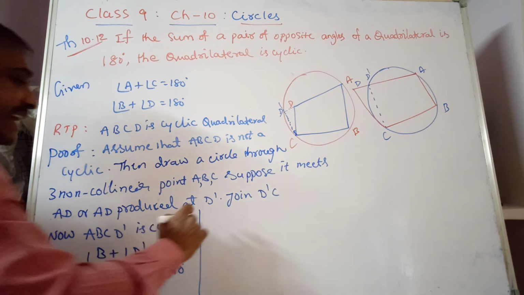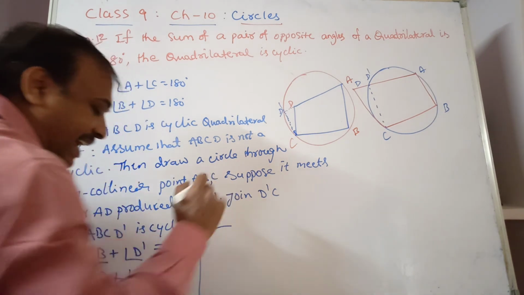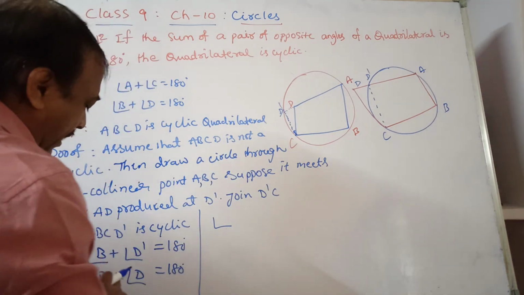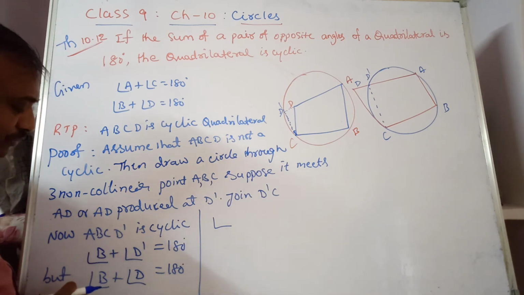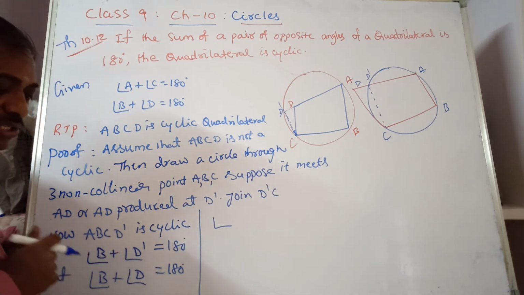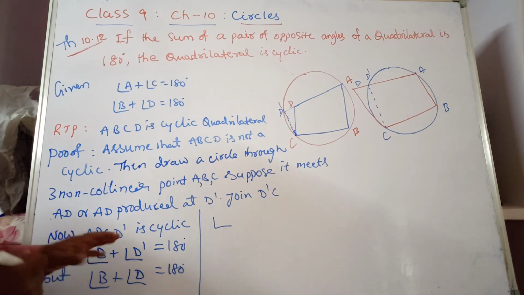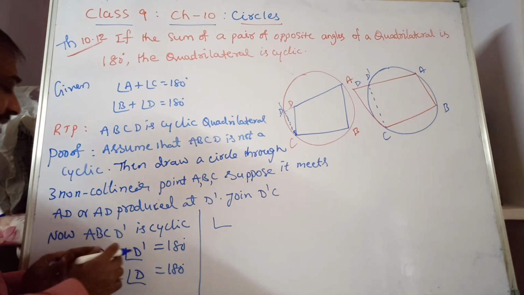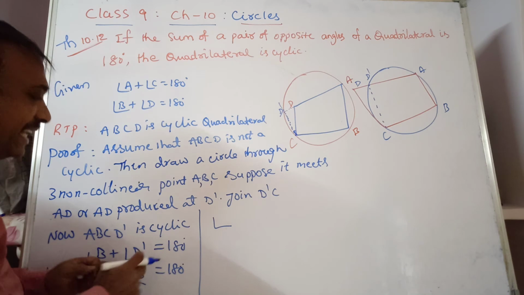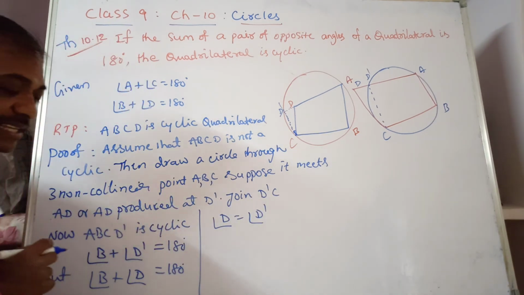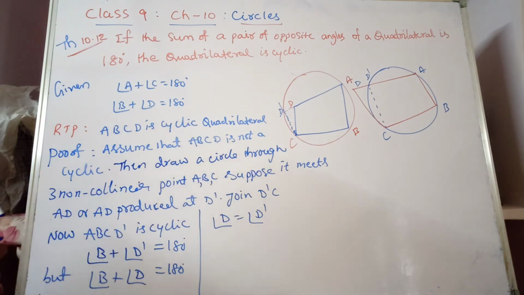From this what can you say? Angle B plus angle D prime is equal to 180, and angle B plus angle D is equal to 180 degrees. That means angle D is equal to angle D prime.